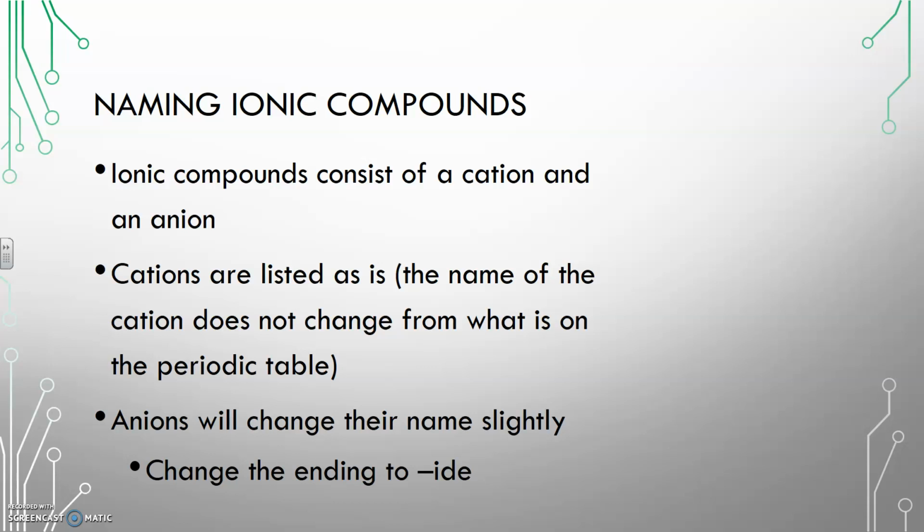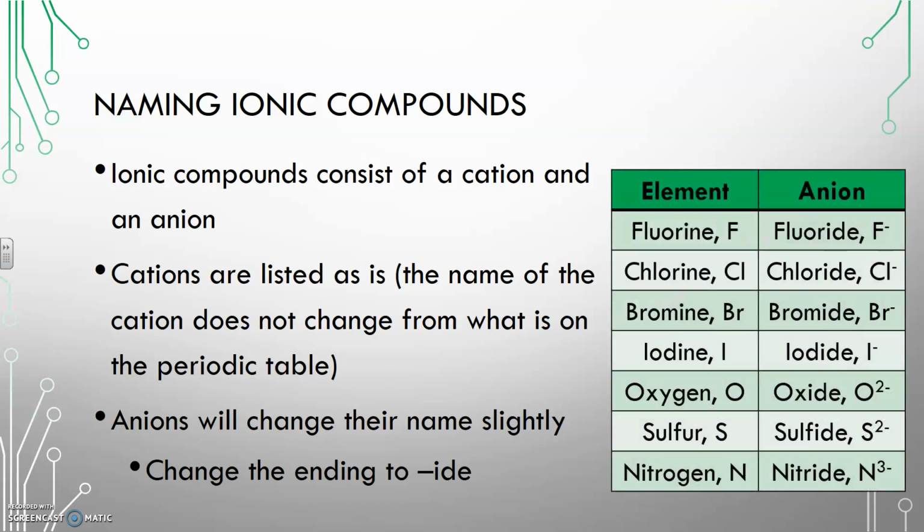Here are some common examples: fluorine becomes fluoride, chlorine, chloride, bromine becomes bromide, iodine is iodide, oxygen is oxide, sulfur is sulfide, and nitrogen is nitride. It does take a little bit of getting used to with these, so don't worry too much if you leave an extra letter in there.